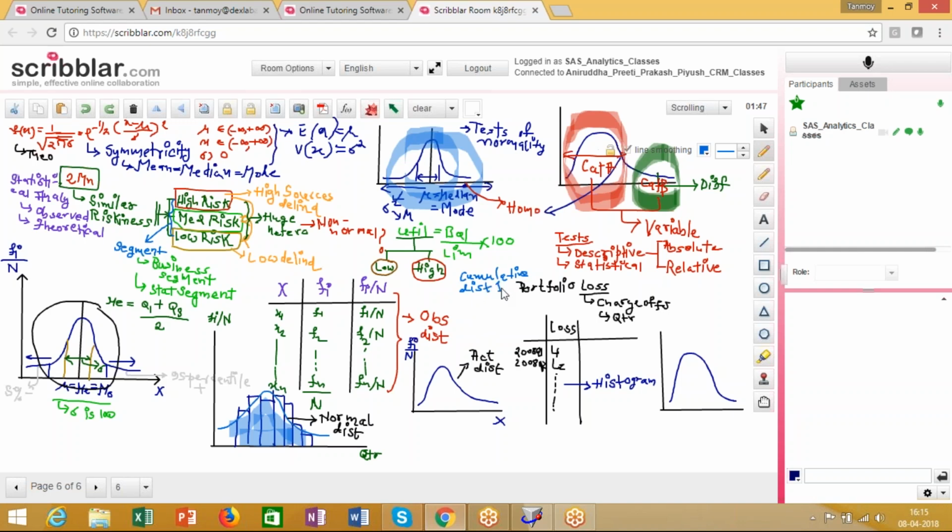Distribution function. So, do we know what a cumulative distribution function is? Okay. A very simple way to understand the cumulative distribution function is as another frequency table. So, let's look into this table.